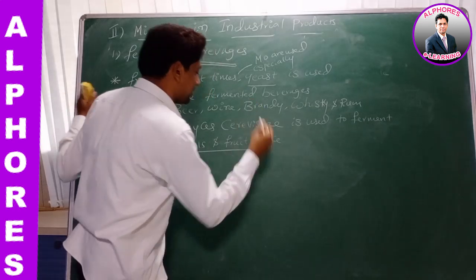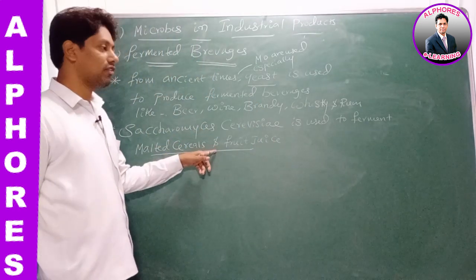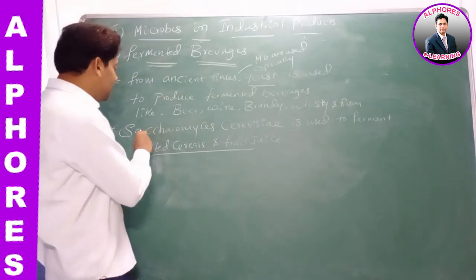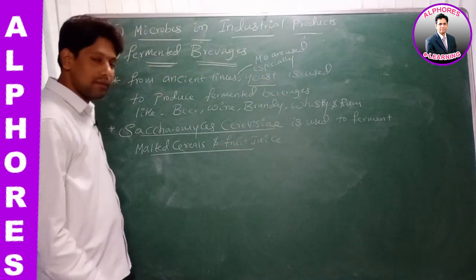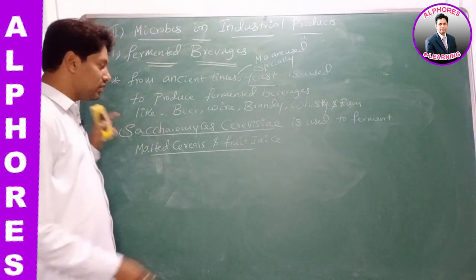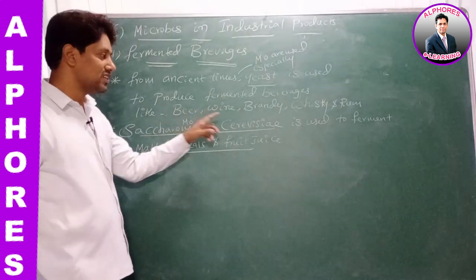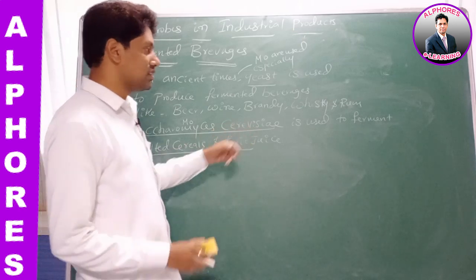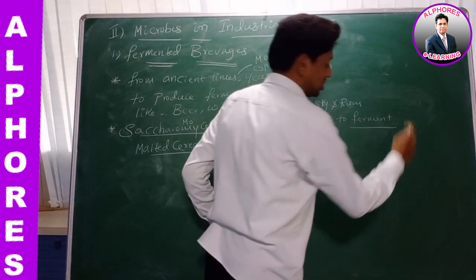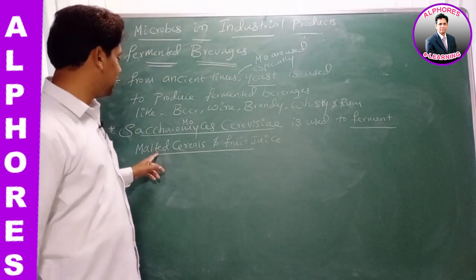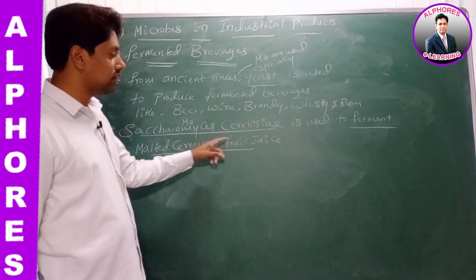Malted cereals and fruit juice are fermented with the help of Saccharomyces cerevisiae. What is the microorganism involved here? Saccharomyces cerevisiae. What is the process involved here? Fermentation. Who is undergoing fermentation? Malted cereals and fruit juice.